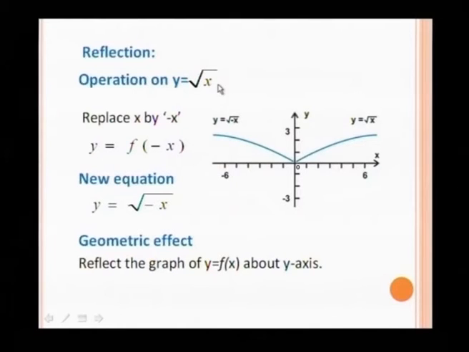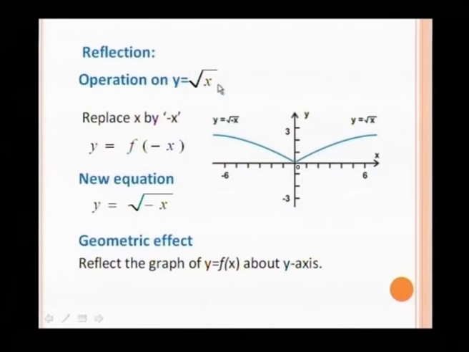For the reflection, we will consider a square root function which is y is equal to square root of x. To draw the graph of this function, you have this solid line on the right hand side, which is representing the graph of y is equal to square root of x. Here we perform an operation where we replace x by minus x.